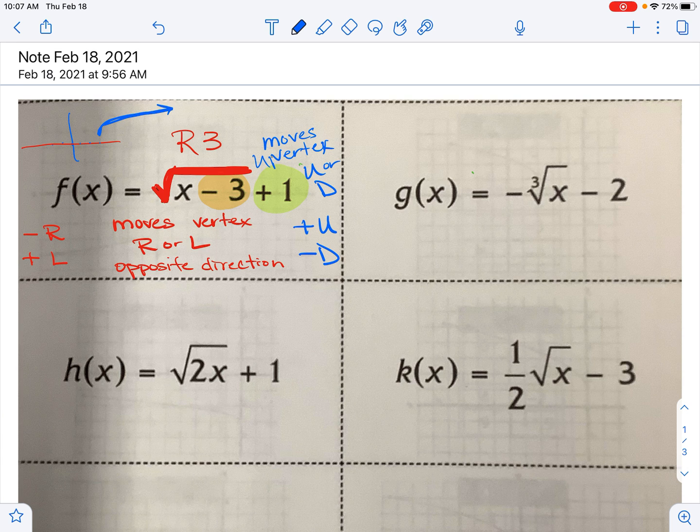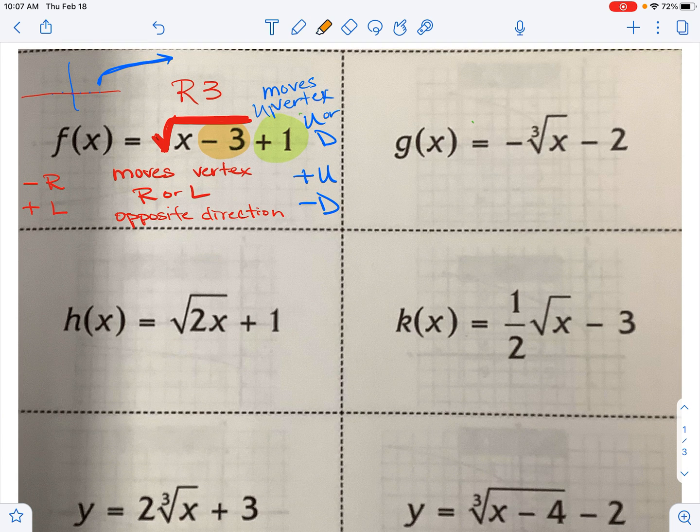So, what happens if there's a 2 in front of it? Well, this is going to change the fatness or steepness of our graph. Let me say that again. A number in front, a coefficient, is going to change the fatness or steepness of the graph.